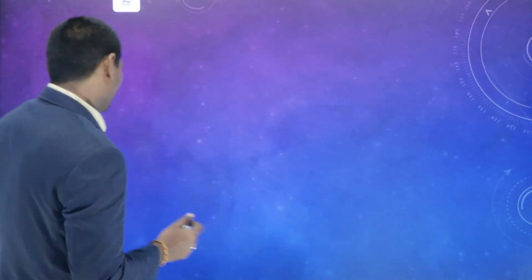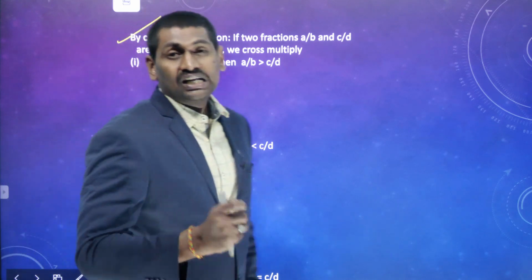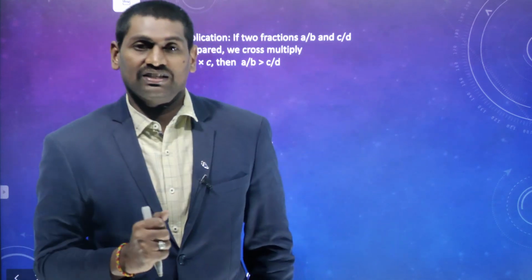To convert unlike fractions into like fractions we take the LCM of the denominators. But here, to compare two fractions, I am not going to take any LCM. That means we can use the cross multiplication method.